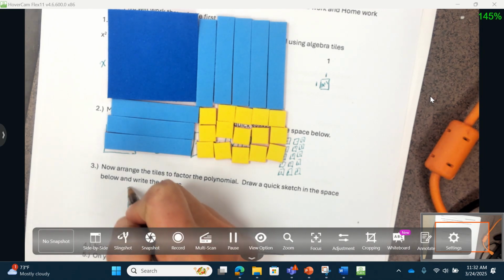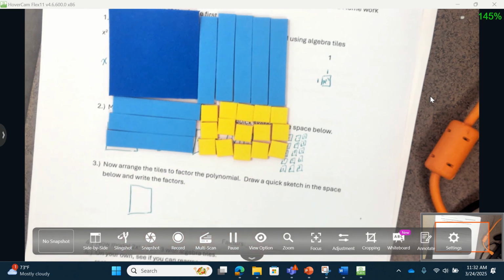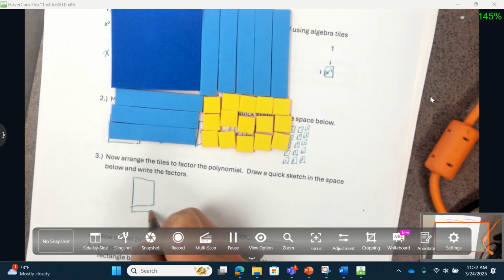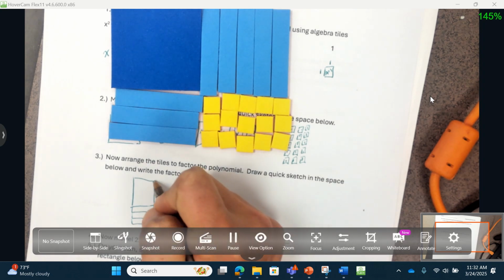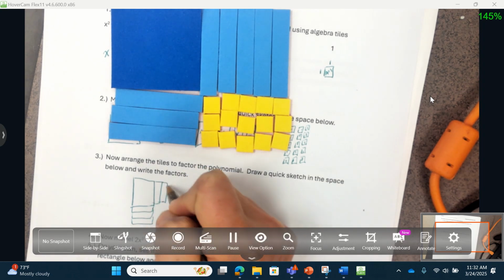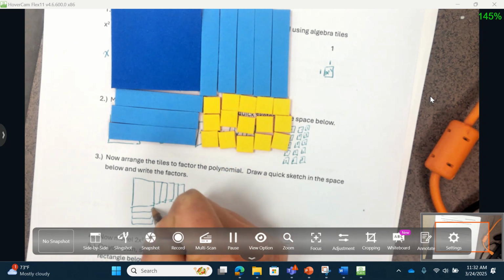So this will look like a big square with 3 of the rectangles down below, and 1, 2, 3, 4, 5, and then we'll have the 15.